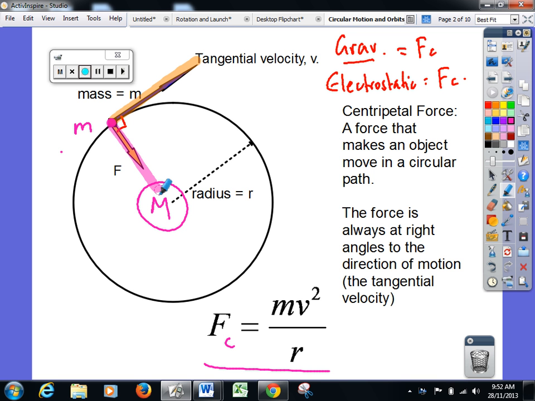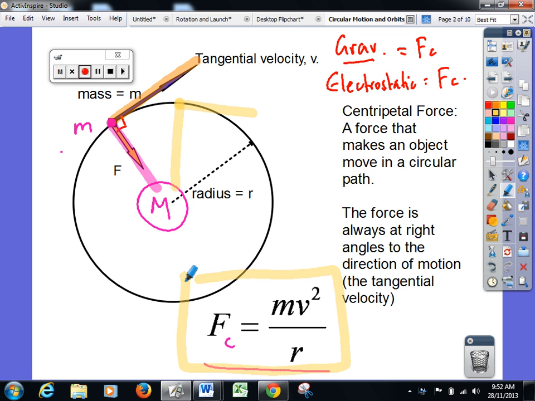When this situation occurs, the object would automatically form a circle in its path. It doesn't matter where it is on the path, it moves tangentially and is pulled down, and we still get a 90-degree angle.